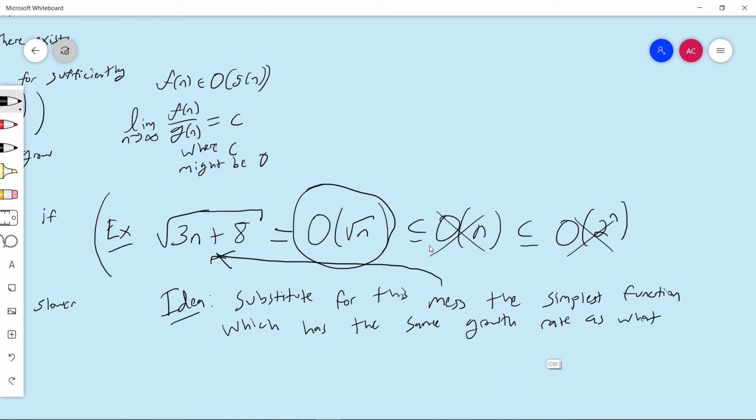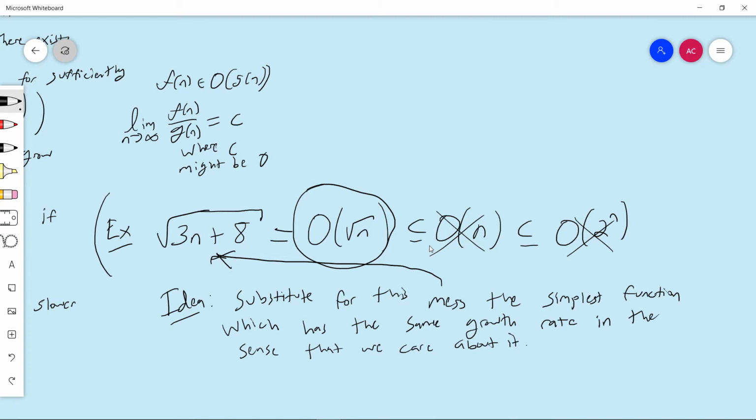That's the idea. So that's how we're going to use big O notation.